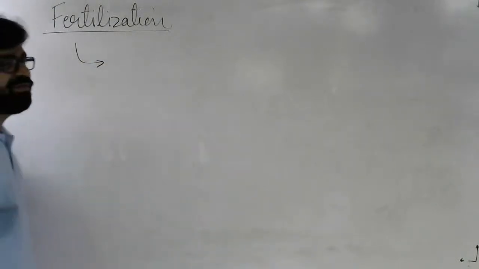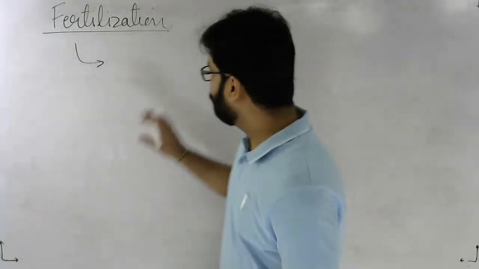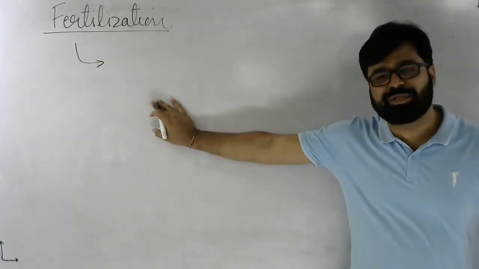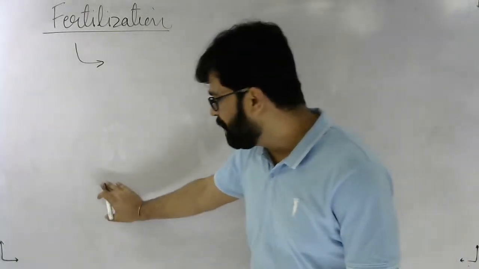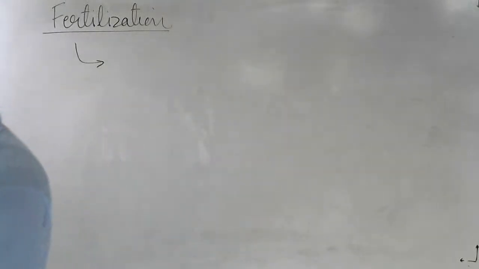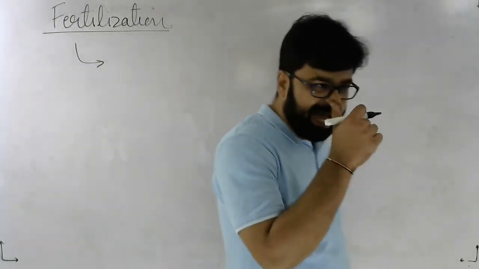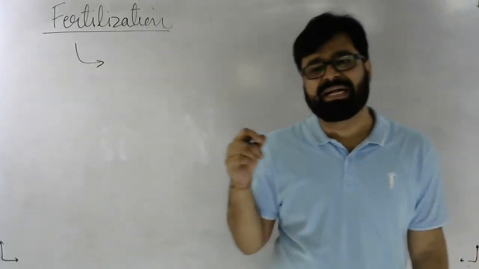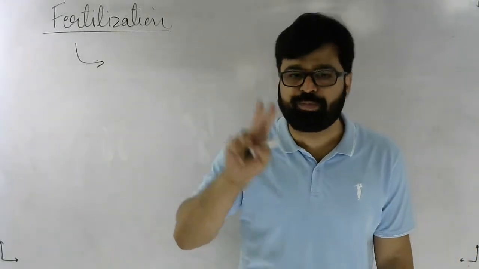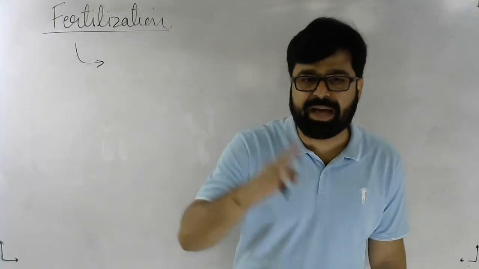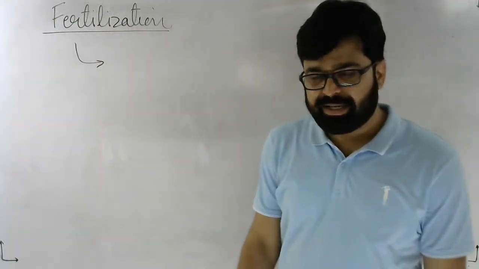Next step of fertilization. Now the pollen tube has reached the embryo sac by different ways we have just discussed. While moving towards the embryo sac, the generative cell divides and forms two male gametes, first male gamete and second male gamete.